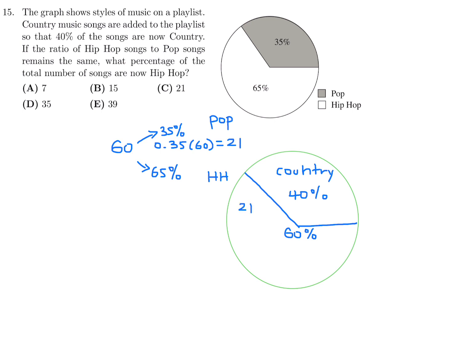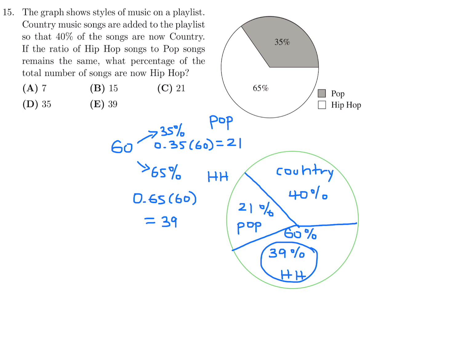So 21%, so approximately like that, that's pop. And then the remaining, so this portion here is going to be my hip hop, and that's going to be 65% of 60. And 0.65 times 60 is 39, I should say. So 39%. Now they're asking in this new playlist, what percentage of the total number of songs are hip hop? Well, it's right here, 39%. So number 15, the answer is E.